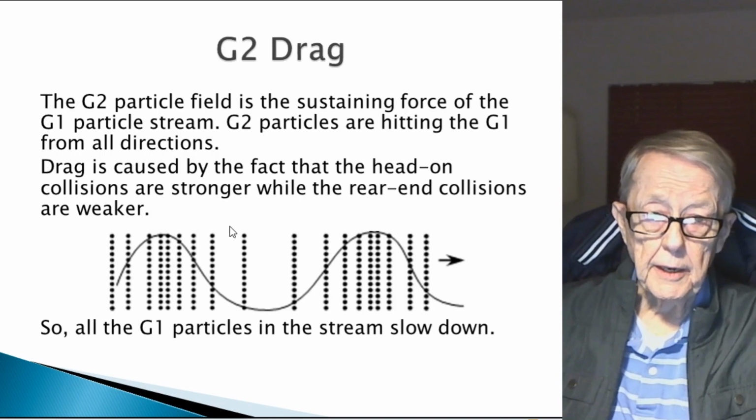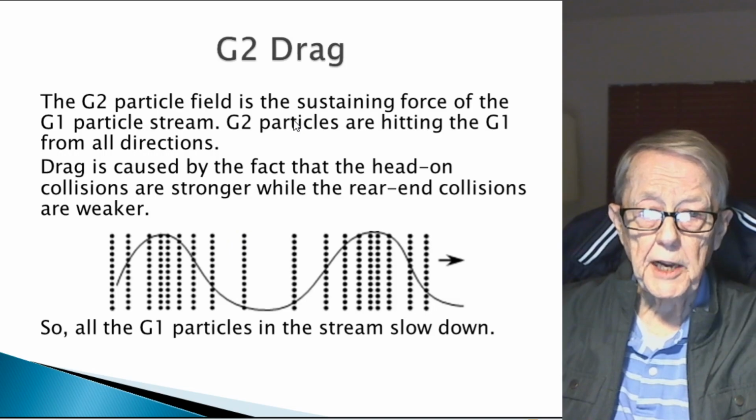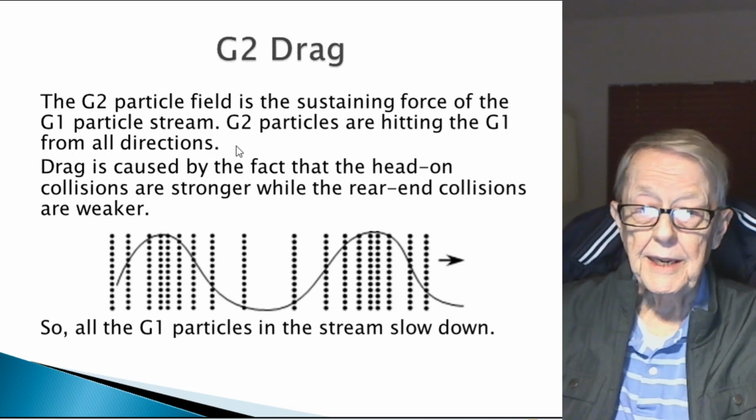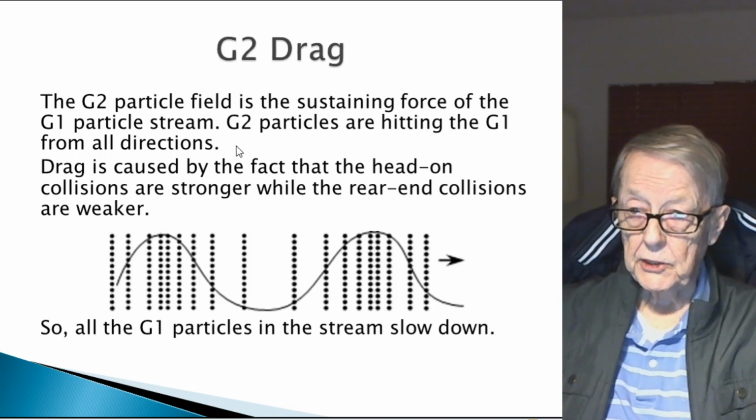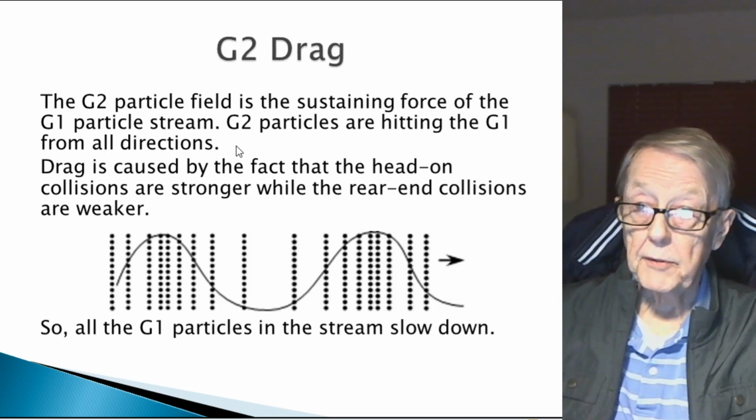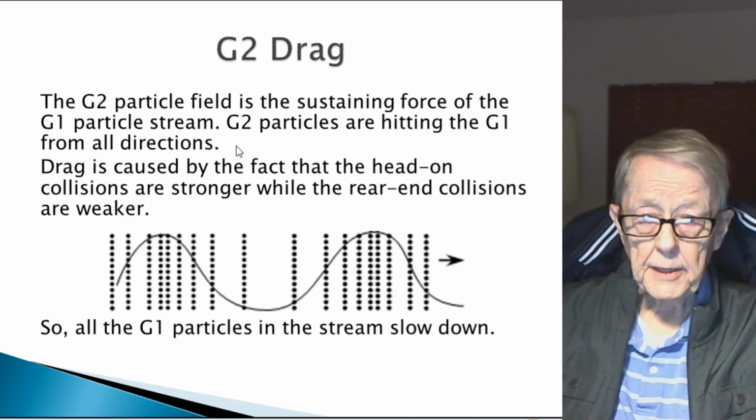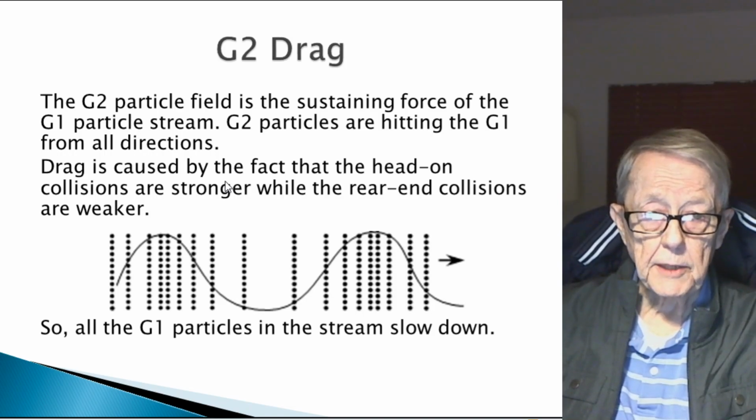G2 drag is caused by the G2 particle field, and it's the sustaining force of the G1 particle stream. It's the force that keeps it moving in the same direction and at the same speed, whatever the speed is. And it's hitting this stream in all directions.